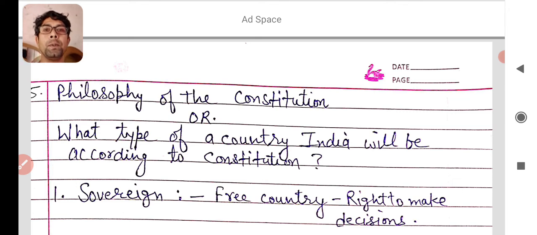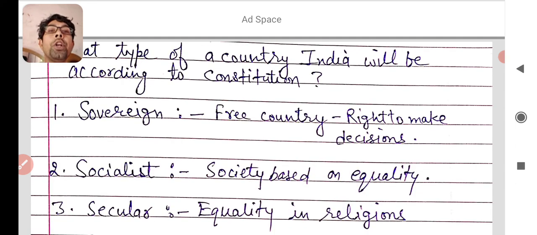Lesson number 2. Now, at last, we are going to read about the philosophy of the Indian Constitution, or what type of country India will be according to the constitution, according to the preamble of the Indian Constitution. According to the constitution, India will be a sovereign country. What is the meaning of sovereign here?